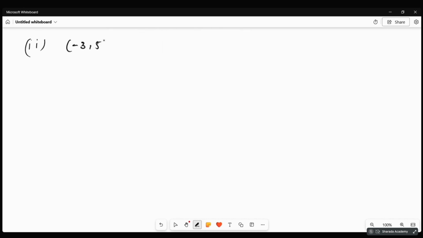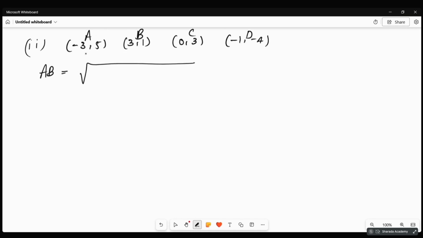Minus 3 comma 5, 3 comma 1, 0 comma 3, and minus 1 comma minus 4. If I call this A, B, C, D. What about the second one? Root of 3 minus of minus 3.